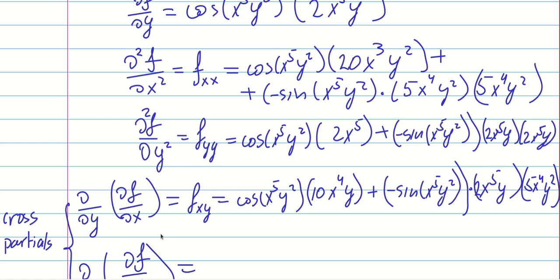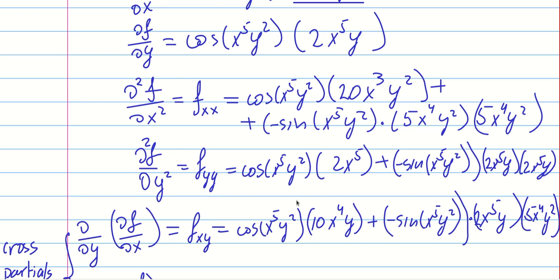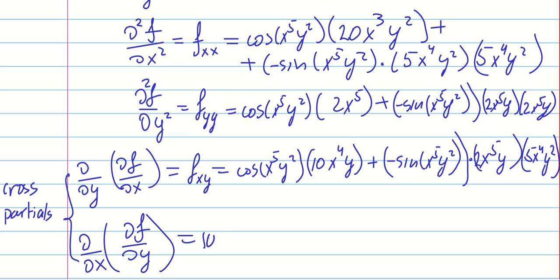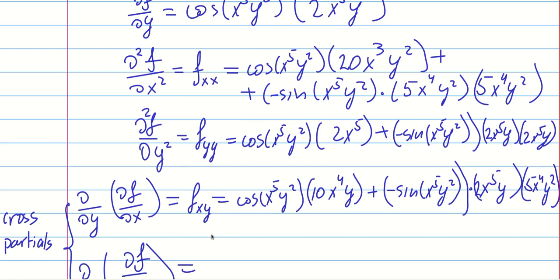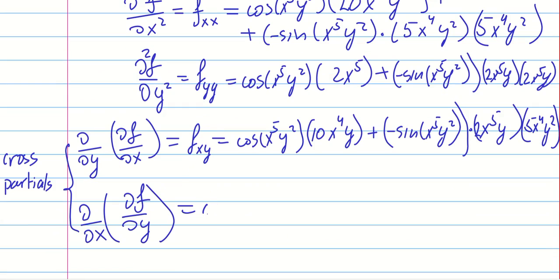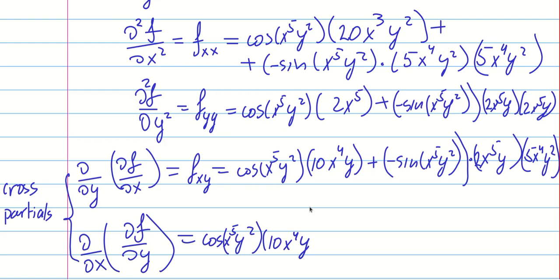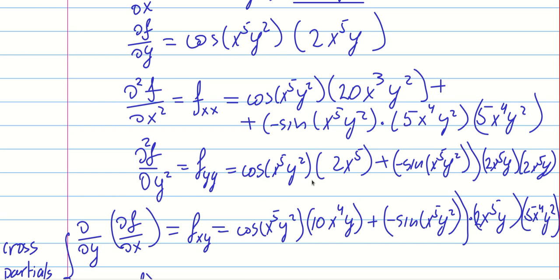So it's with respect to x, so it's 2 times 5, 10x to the 4 y. We still have cosine, right? So it's going to be cosine of x to the 5 y squared times 10x to the 4 y.